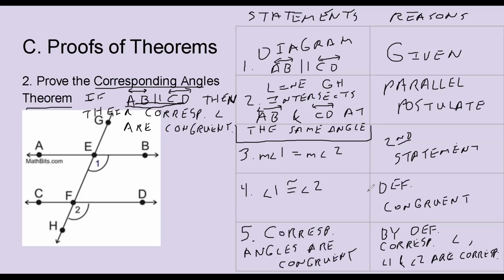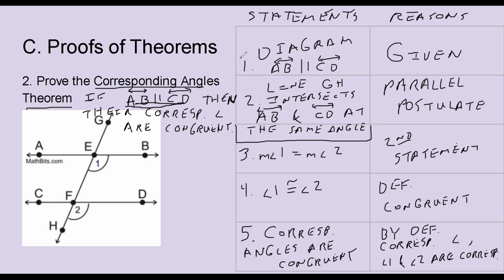If they have the same measure, that means that they are congruent by the definition of congruent. That's what it means. If angles have the same measure, then they are congruent. And finally, since the definition of corresponding angle tells us that angle 1 and angle 2 are corresponding, right? They're in the same position. They're both in the bottom right of this intersection. Then we can conclude that all corresponding angles are congruent.